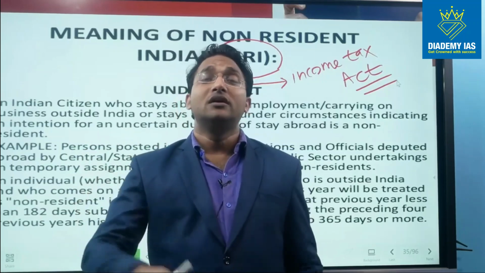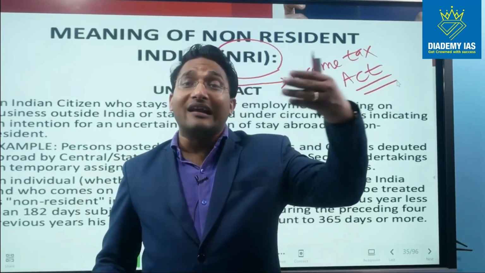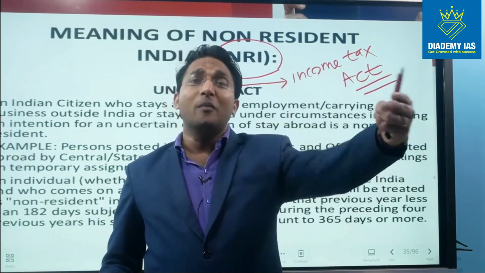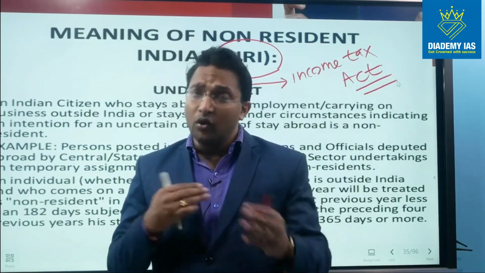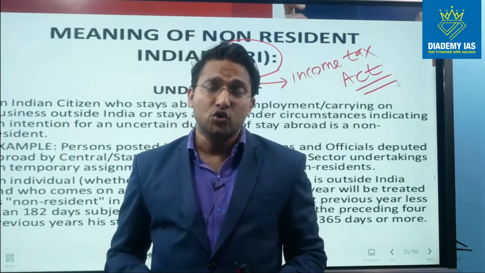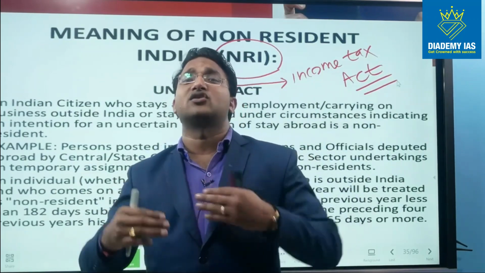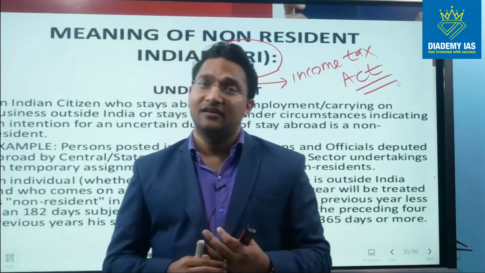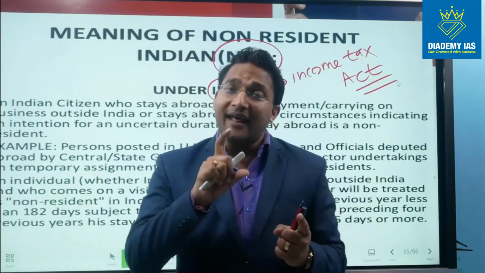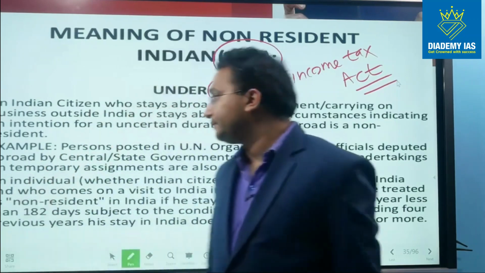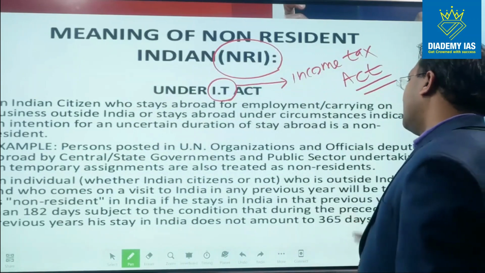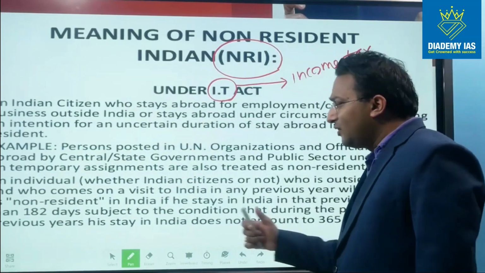On the rest of the amount, the country in which they are residing, for example, if someone is working in the UK, then the UK government is already charging the income tax. We will not charge the income tax from that person. So for avoiding double taxation, we classify that person as an NRI. So this NRI term is coming from there, right?